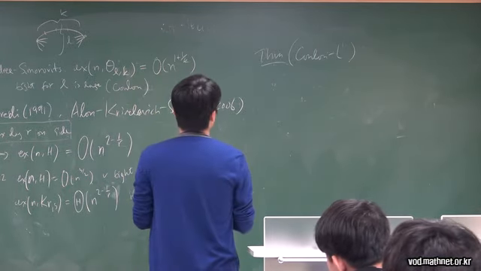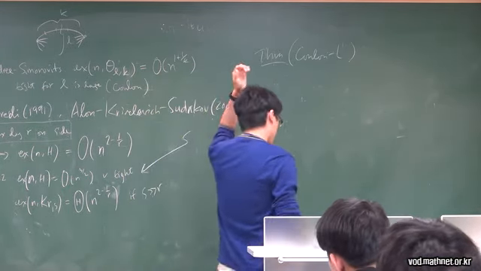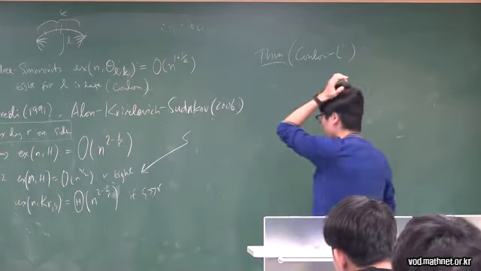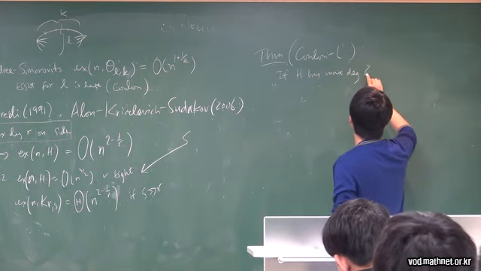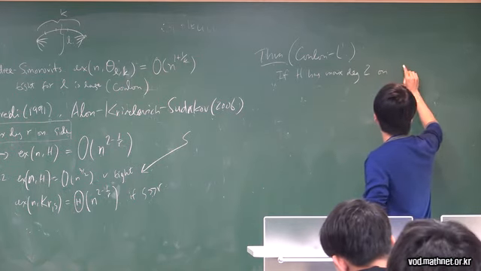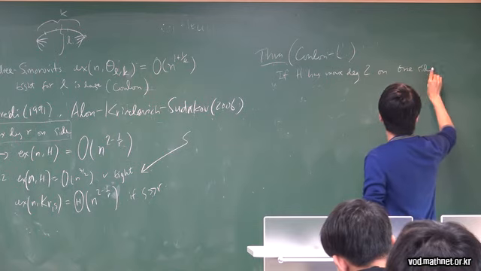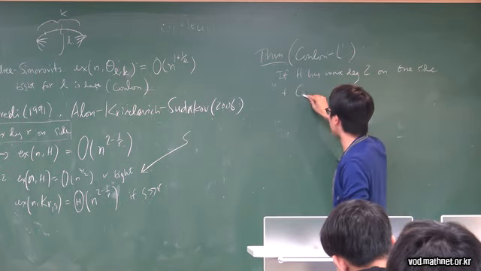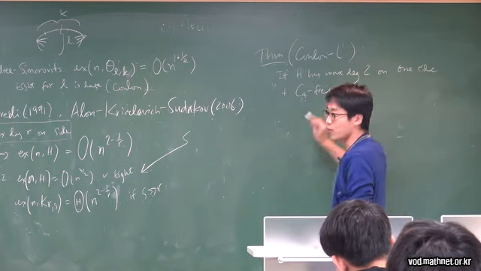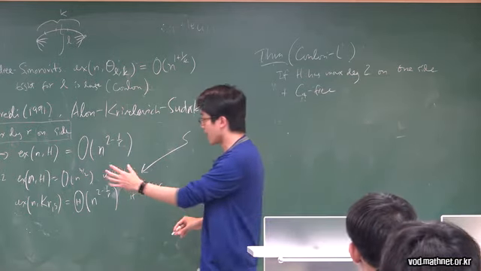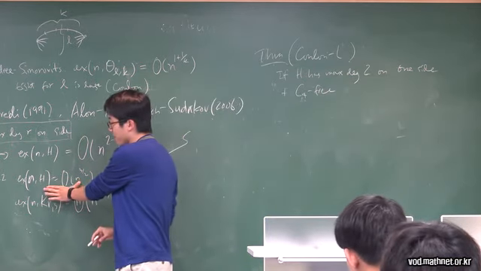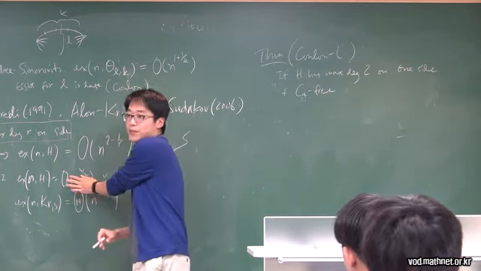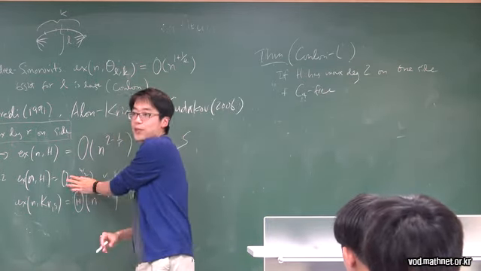So my result with David states that if my H has max degree 2 on one side, and if it's four-cycle free, which exactly excludes the example that really attains this bound, then we can do better.